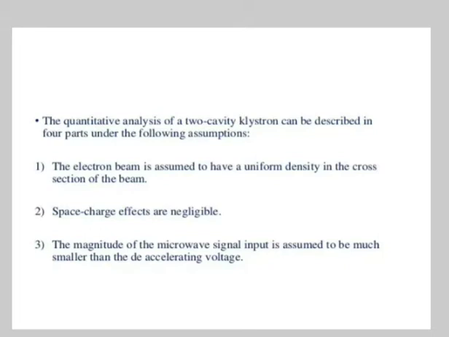So the velocity of the electrons changes according to the RF input voltage, which results in a velocity modulation of the electrons.